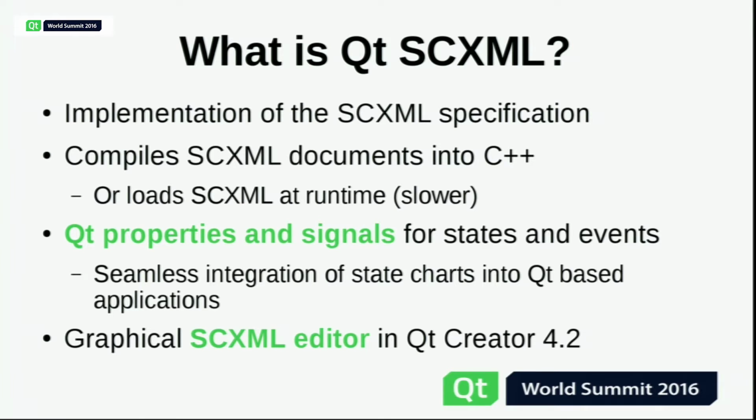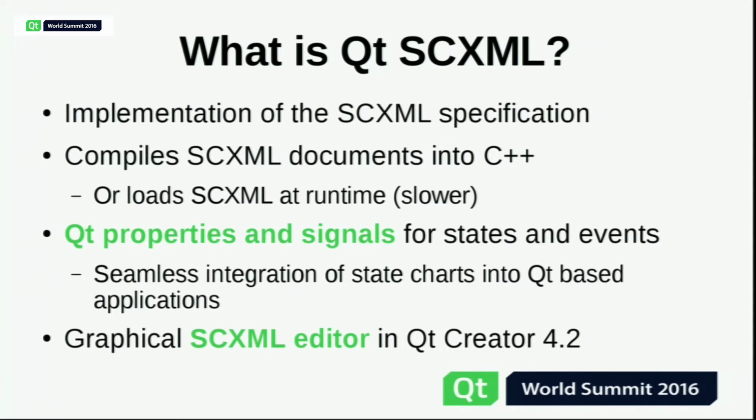So Qt SCXML implements that and allows you to compile SCXML documents directly into C++, which can be directly embedded into your application. Or you can load the same SCXML also at runtime, which is a bit slower but gives you versatility to load your state machines from anywhere on the internet.